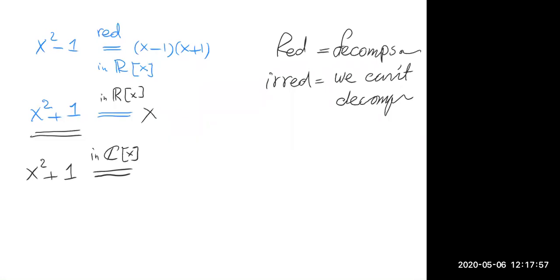Is it possible to write this polynomial as multiplication of two other polynomials in C? The answer is yes, it is reducible. Can you tell me what are those polynomials?